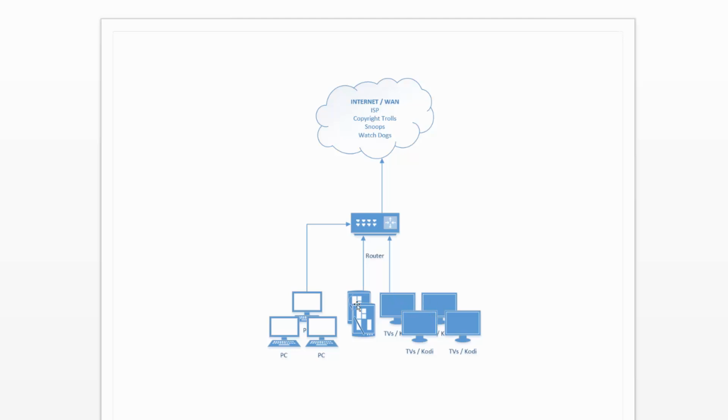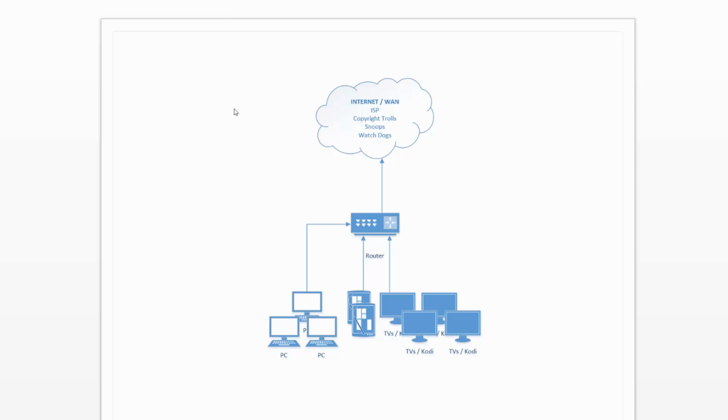Well, those connections are going from your BitTorrent client to your router, to the internet, and to the BitTorrent swarm. So the way this normally works is copyright trolls, which are lawyers that make a living based on suing people, they will typically just go to the top 10 torrent sites, the big sites, and they will just jump into all the swarms, or at least the swarms that pertain to the clients they're working with.